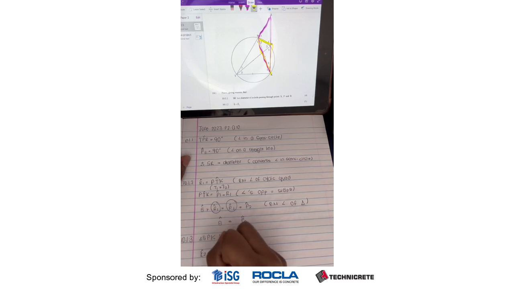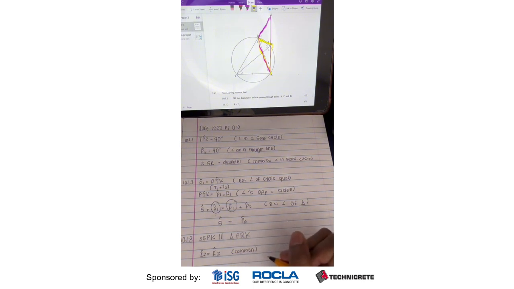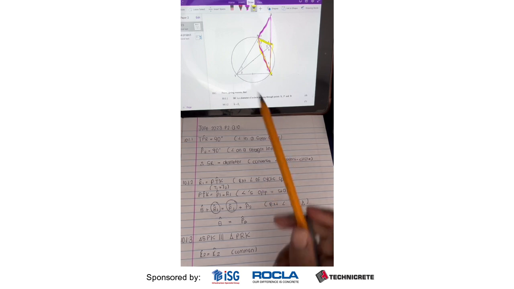That's the first thing that I can see that is common. The next thing that I can see is we proved that angle S and angle P are equal. That was proved. And these are both angles and angles.